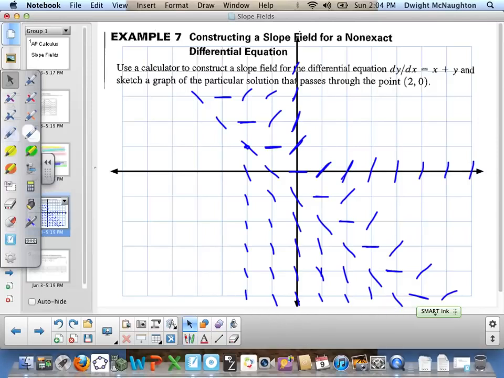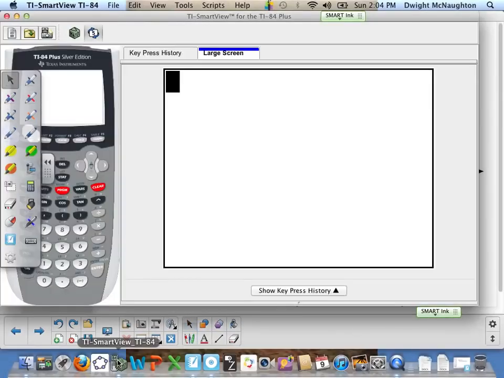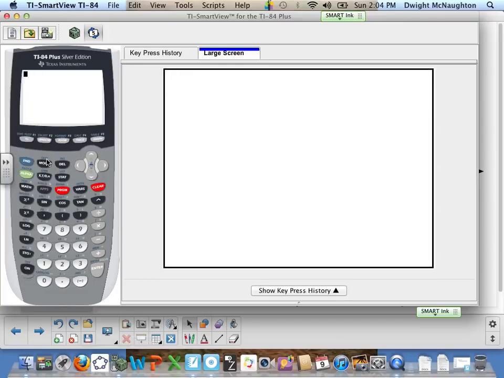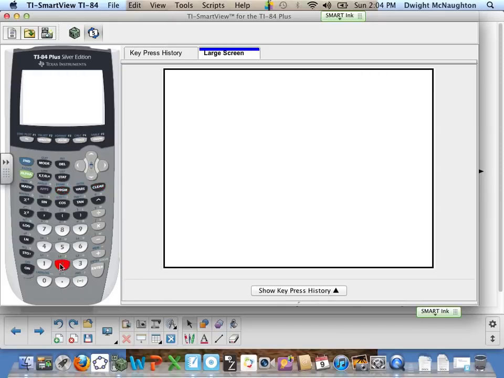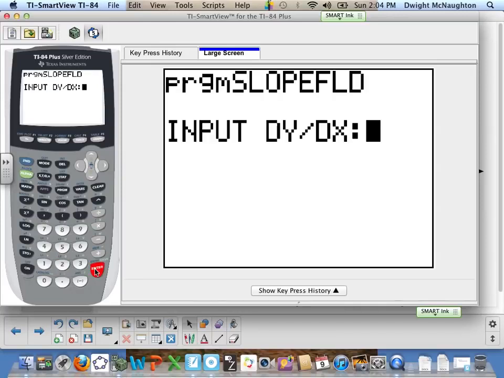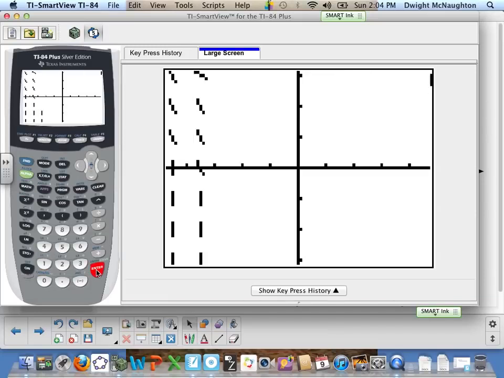What we'll want to do here now, I'll show you graphing it, a program on our TI-84 called slope field with the subprogram z field. Input your derivative, x plus y, and it'll do the same thing that sketching by hand would do.